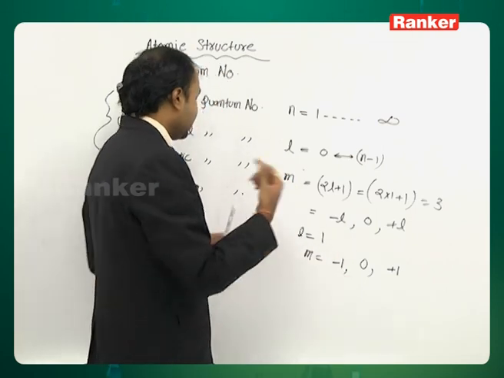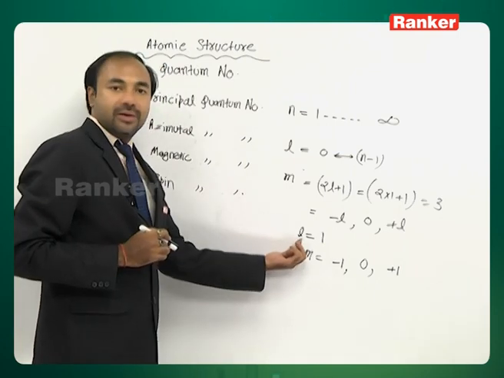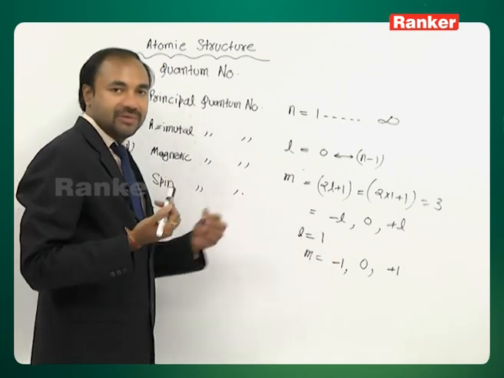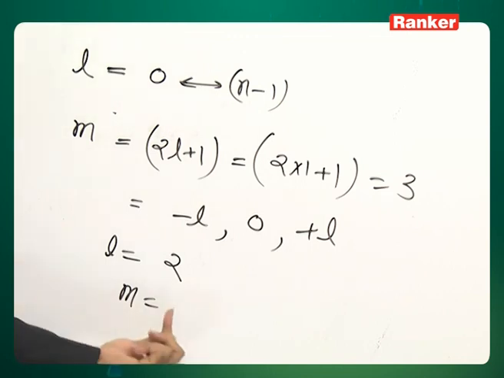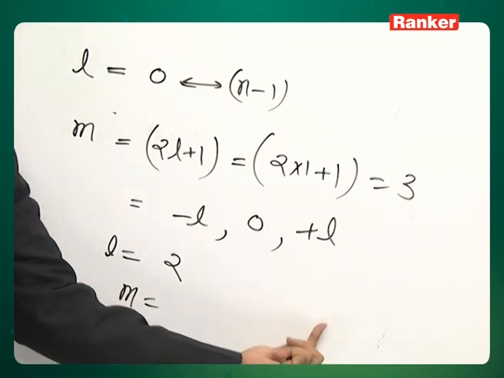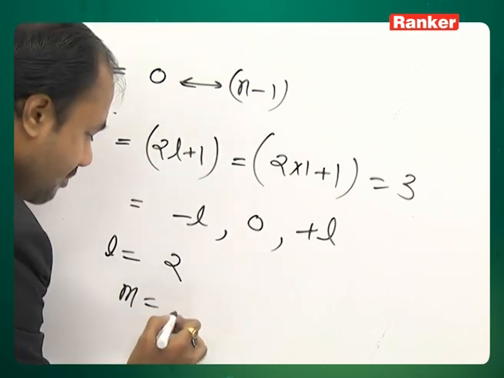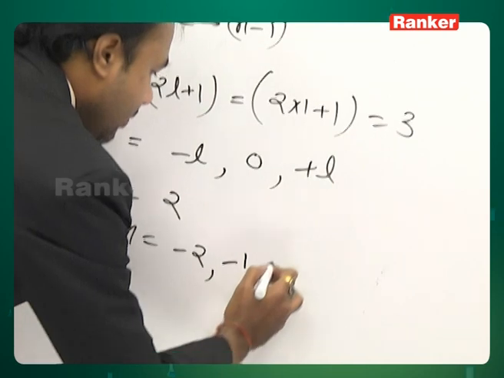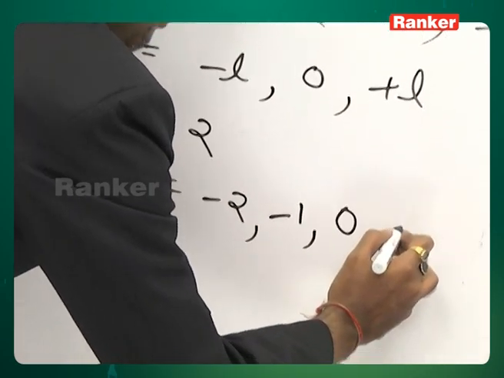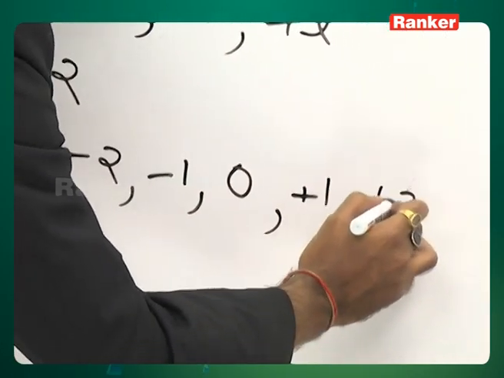See, if suppose the value of L given to you is 2, means we are talking about D subshell. So when L is equal to 2, see how many values we will have. Minus L to plus L including 0. So we will have minus 2, minus 1, 0, plus 1, and plus 2.